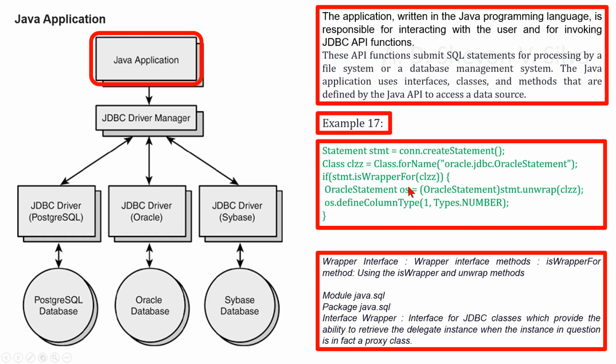The isWrapperFor method can be used to determine if the instance implements the specific interface or if the instance is a wrapper for an object that does.